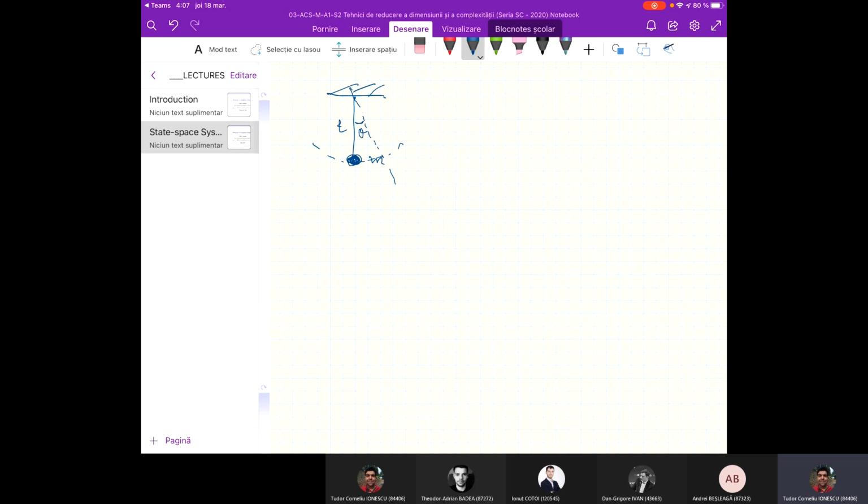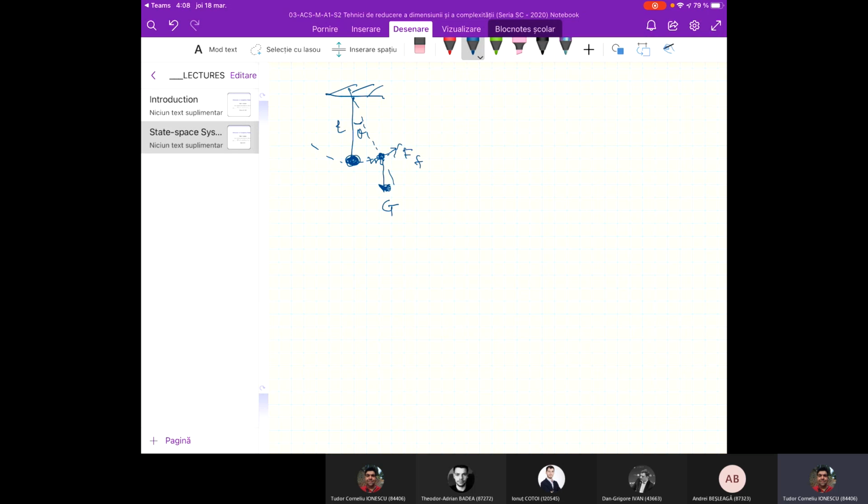Well, I won't go too much into the details of the physics. Usually the body is subject, since it's a gravitational pendulum, to the gravitational force. And since it's swinging back and forth, it's also stopped by some sort of friction force or damping force.